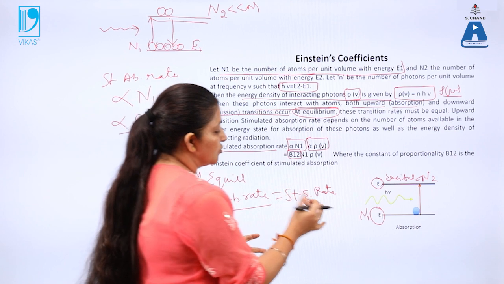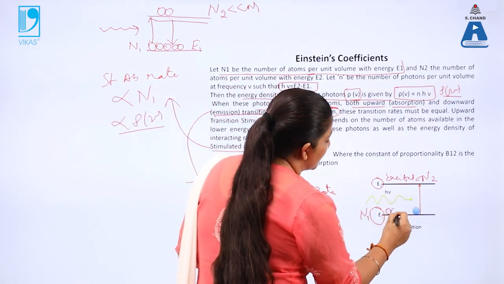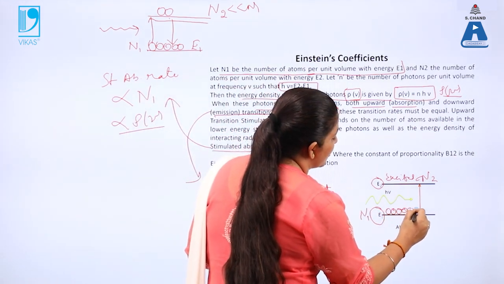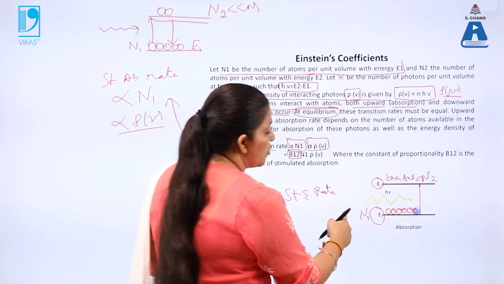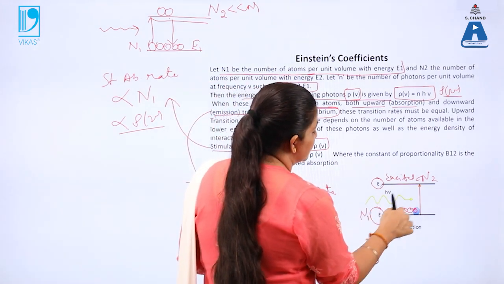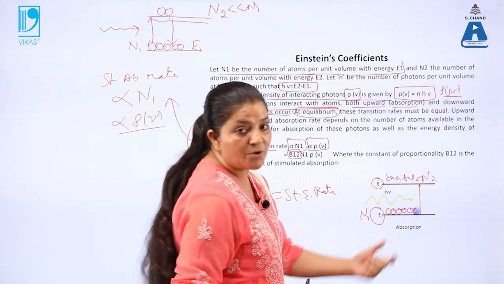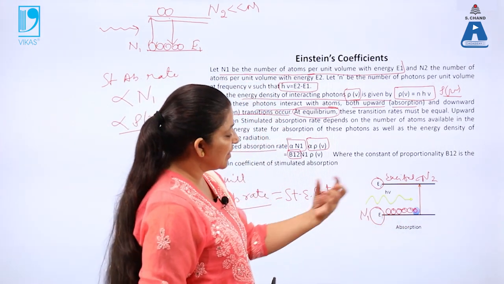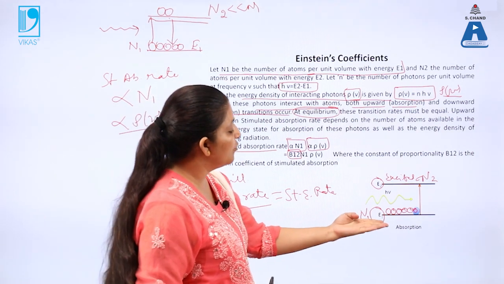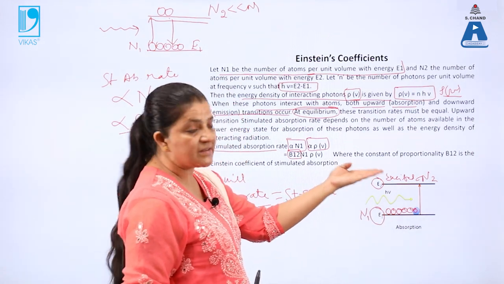So when a large number of atoms are present here, and the radiation is continuously falling on these N1 atoms, the atoms will absorb the radiation and move from the ground state to the excited state.